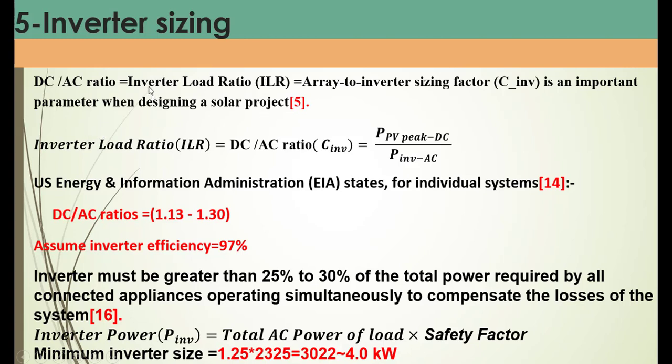It is sometimes called the inverter load ratio, or the array to inverter sizing factor. Inverter load ratio or DC to AC ratio equals the peak power of the array in DC divided by the AC power of the inverter, which represents the peak power.